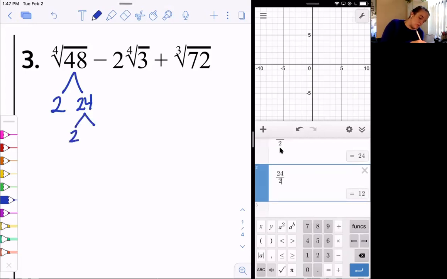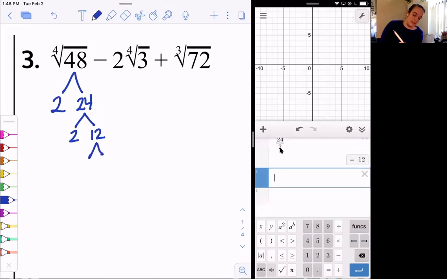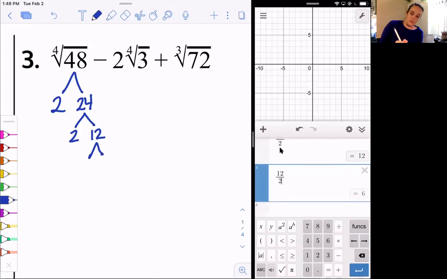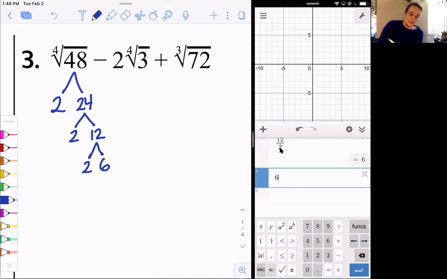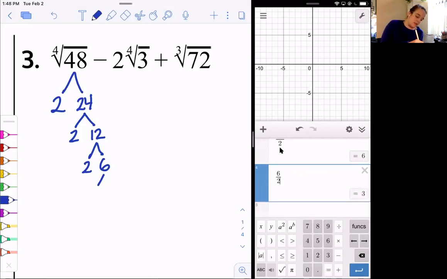So I get 2 and 12. 2 times 12 is 24. Then 12, even if you had to keep going, you could do 12 divided by 2. You can say, okay, it's 2 and 6. And then if you needed to keep going, 6 divided by 2 is 3. So you know that it's 2 and 3.